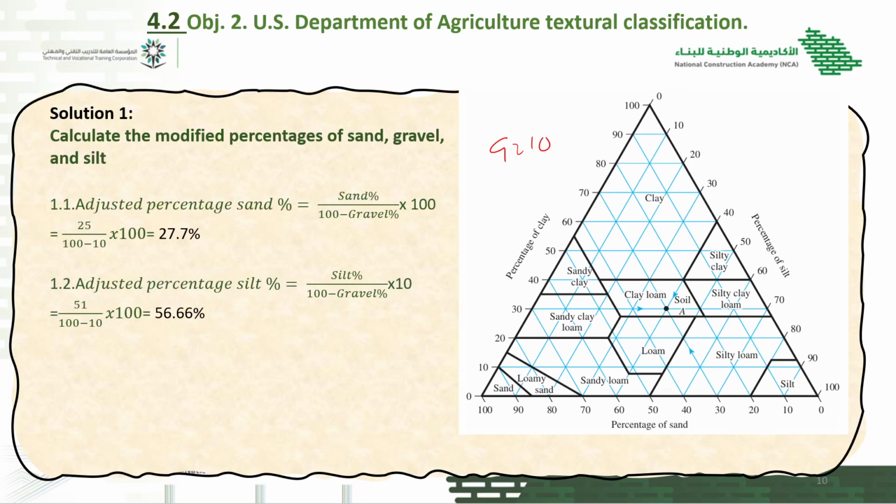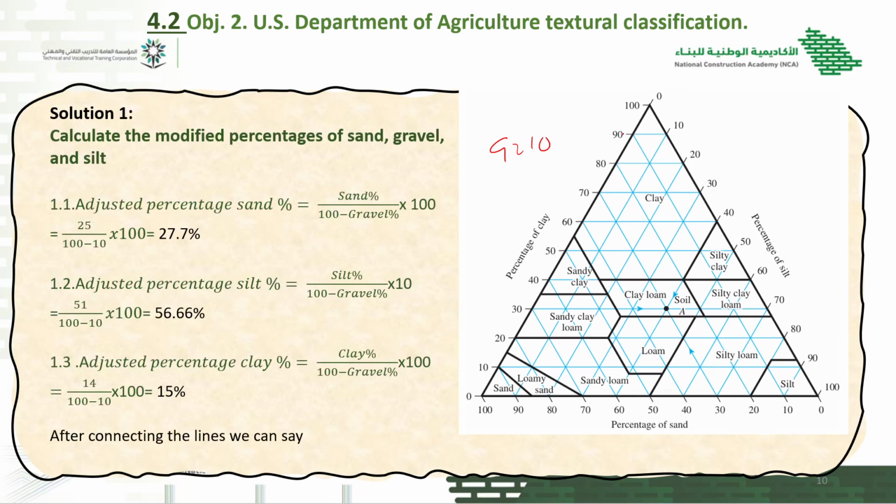So as we already know, gravel is 10, sand is 25, silt is 51, and clay is 14.